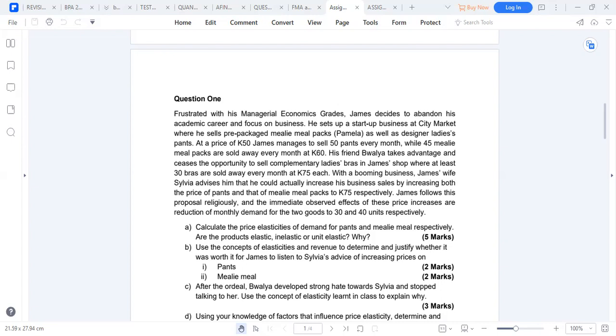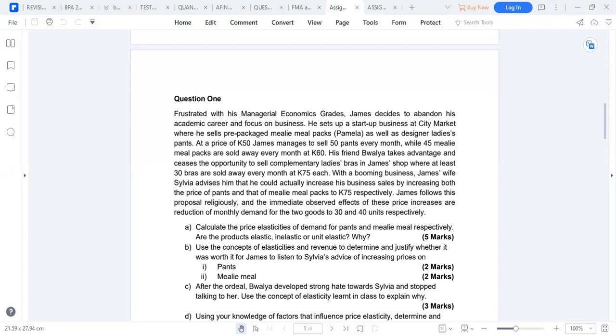If the degree to which the price affects the quantity demanded is very significant, we say demand is elastic. If it's very insignificant, we say it is inelastic.